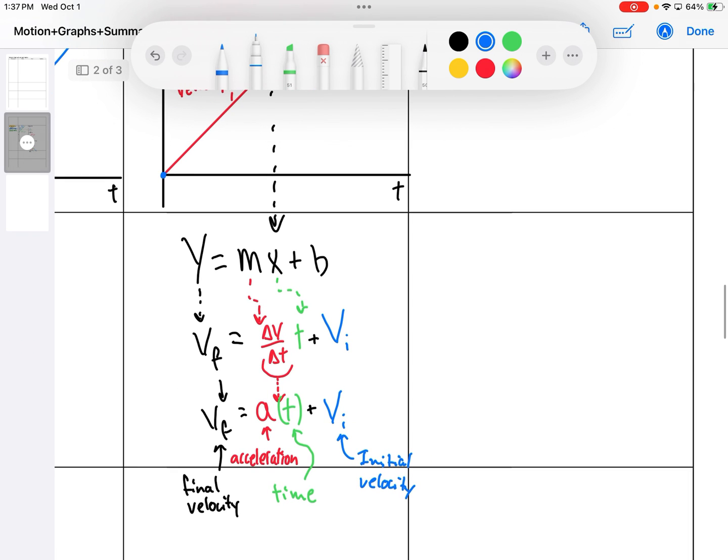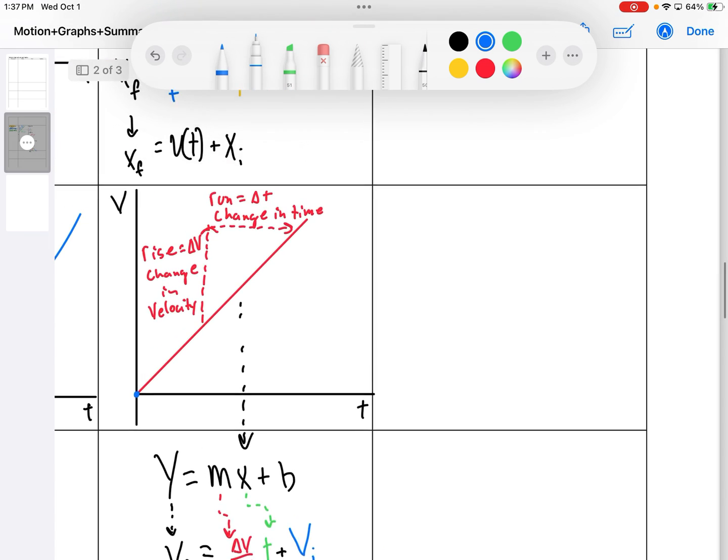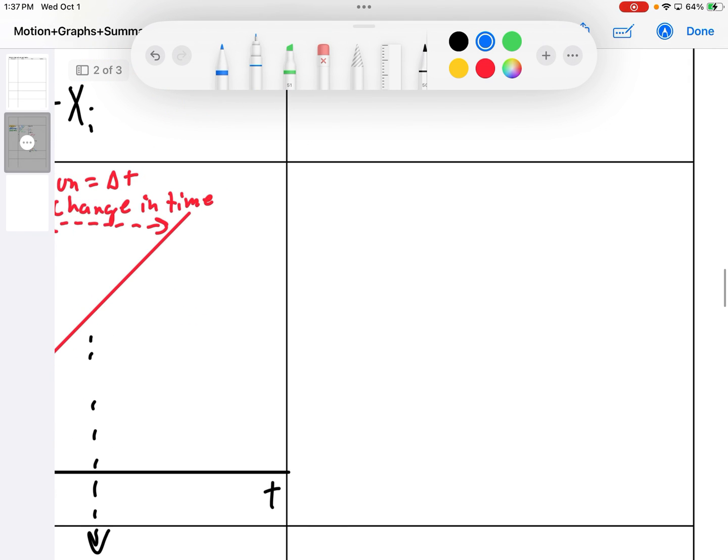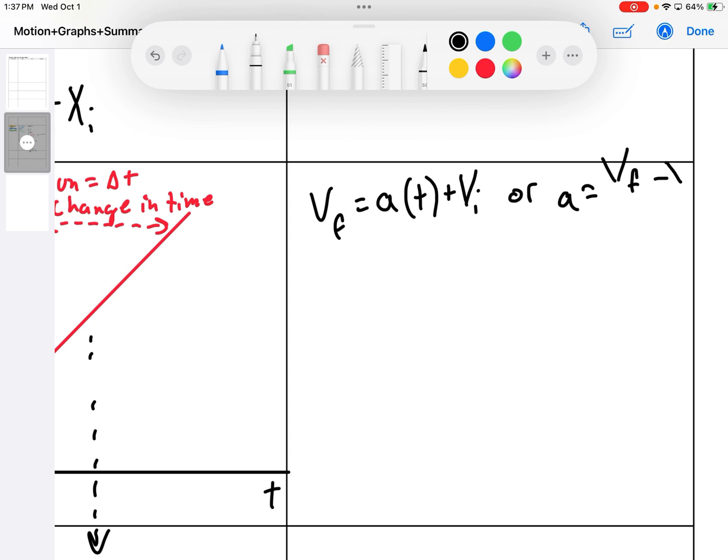Okay, very good. Now, if I take this equation and do a little bit of algebra, there's another way to represent it. We know Vf is equal to acceleration times time plus Vi. Or we can say acceleration is equal to the final velocity Vf minus Vi over t.